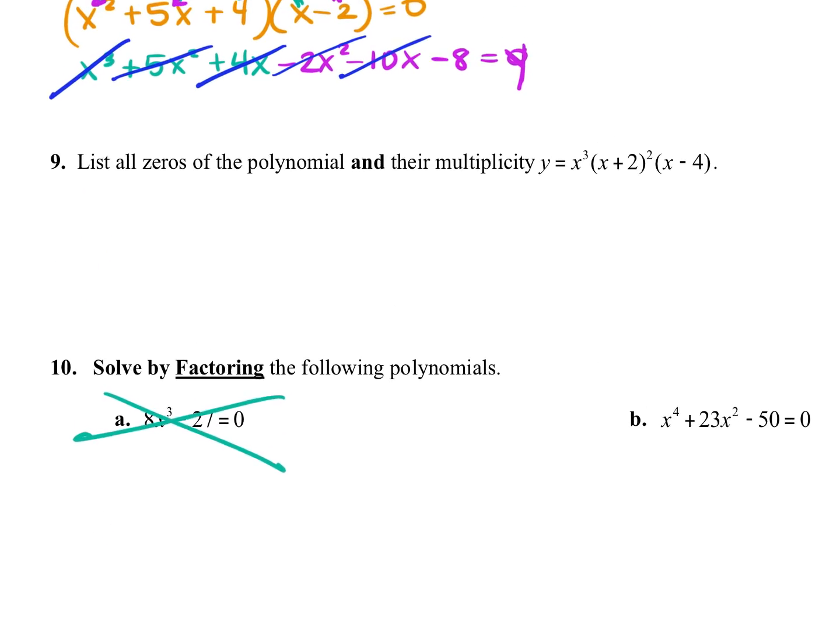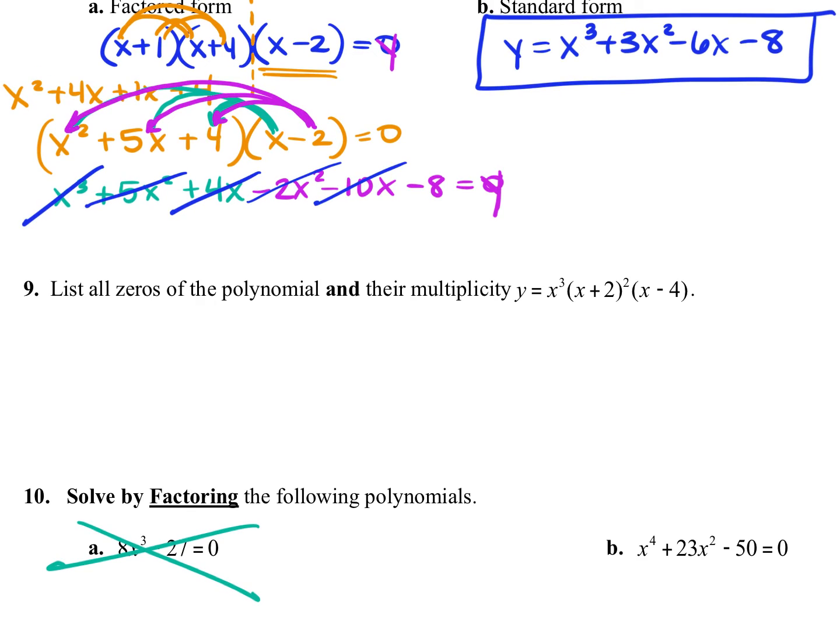All right, then you come to one like this. List the zeros and their multiplicity. What do you get here? Right, this is 0, right? The answer would be 0, but there are 3 of them. So there's 0 with a multiplicity of 3.